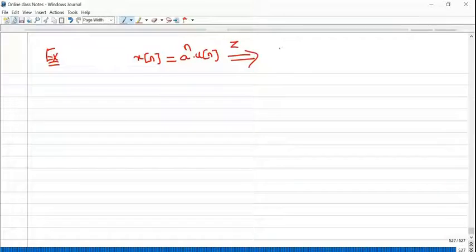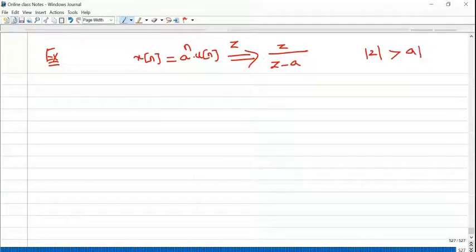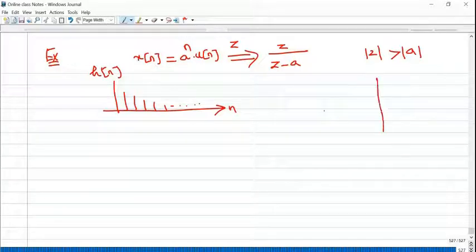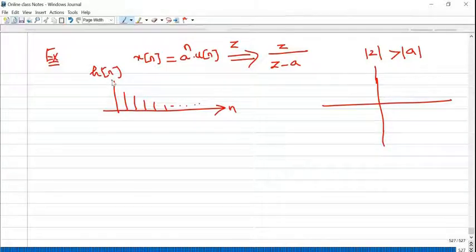Our result is Z divided by Z minus A, modulus of Z greater than A. If you sketch this signal a power n u of n, n versus h of n, when will you get this kind of signal?